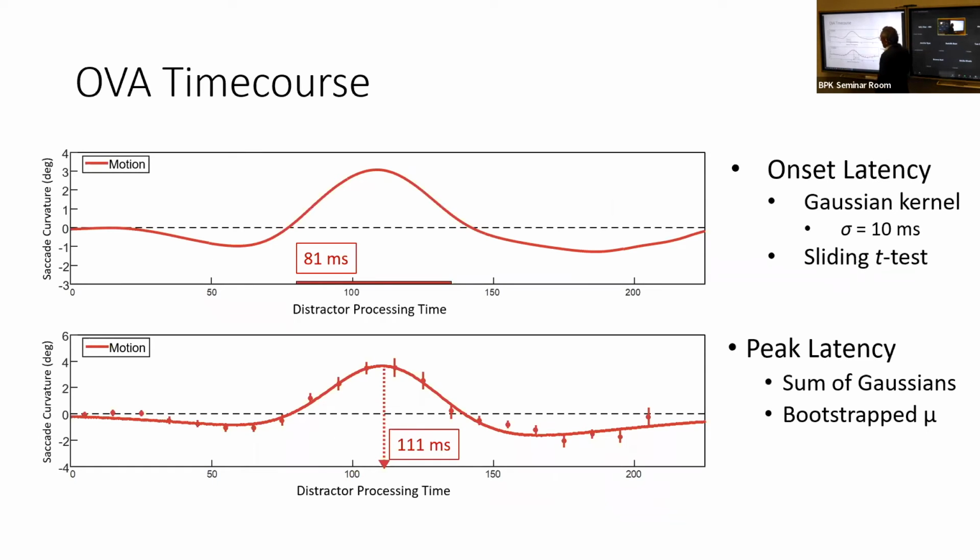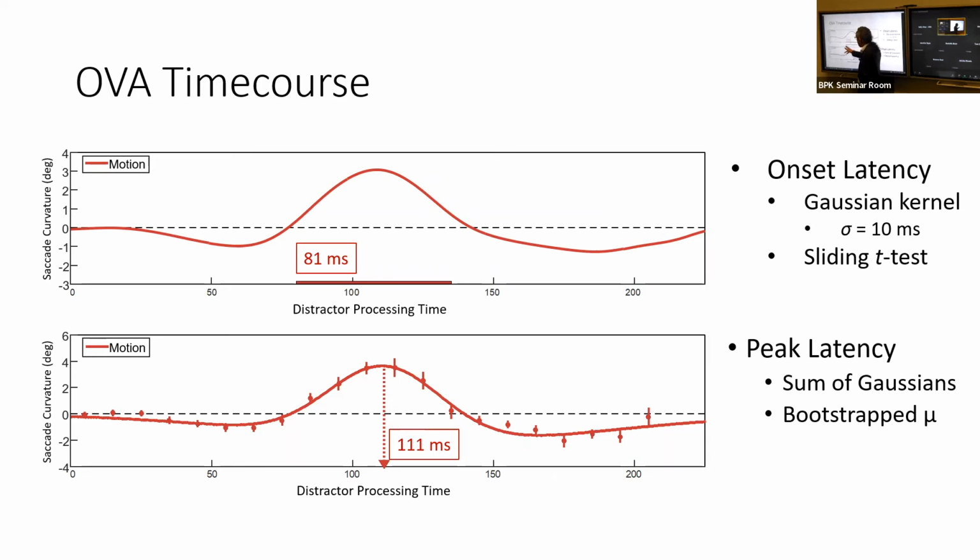So here's the motion data again. As we've gone through these studies, we've actually improved on modeling and the stats and the inferentials and everything that's going along with it. So we're getting better. And so we reprocessed all the data with the new methods. We can get the onset latencies using a Gaussian kernel of 10 milliseconds and sliding t-tests.